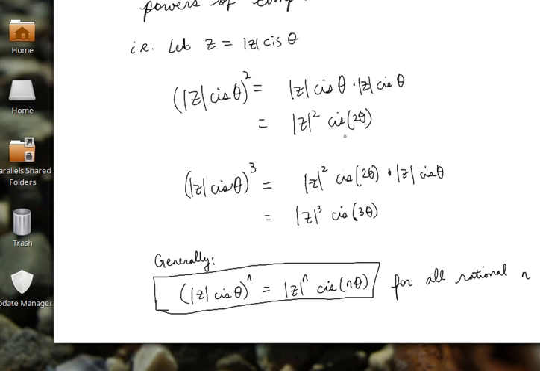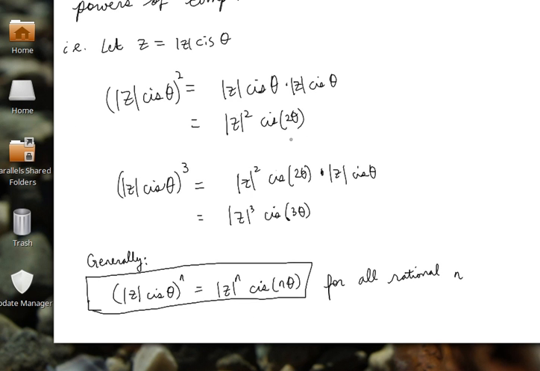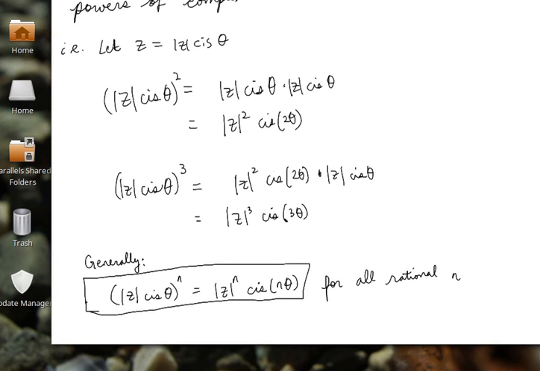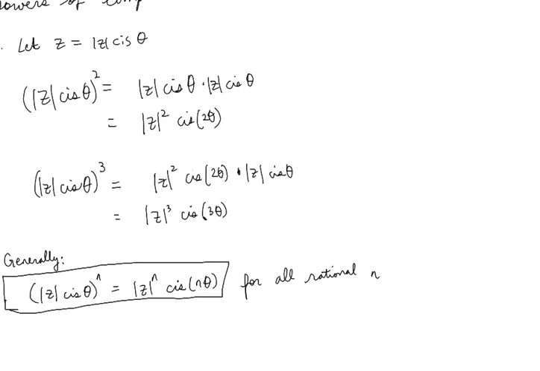And we end up with the magnitude of z cubed cis of 3 theta, because now I'm adding these two numbers.